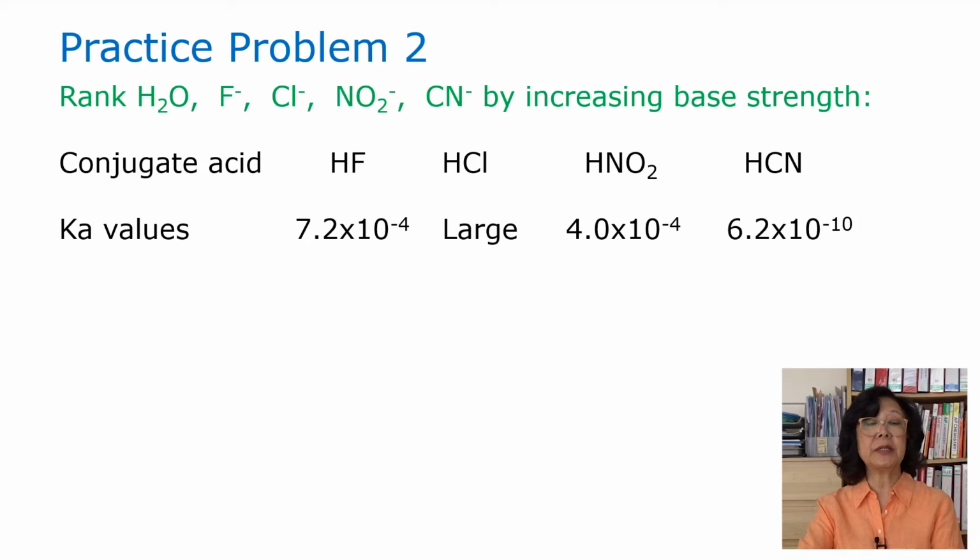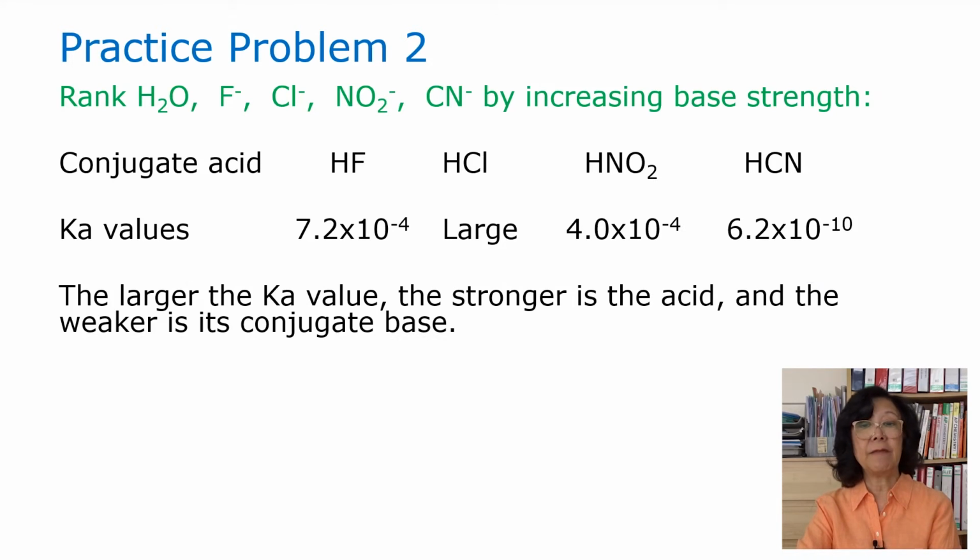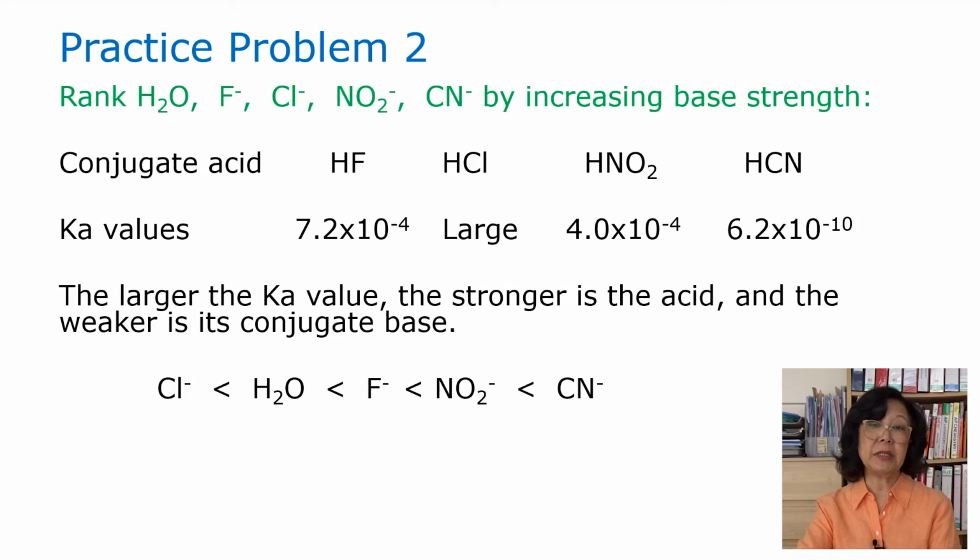As we know, the higher the Ka value, the stronger the acid, and the weaker the conjugate base. Therefore, the chloride ion is a weaker conjugate base than fluoride, which is weaker than nitrite, which is weaker than cyanide ion, purely from the ranking of the Ka values.